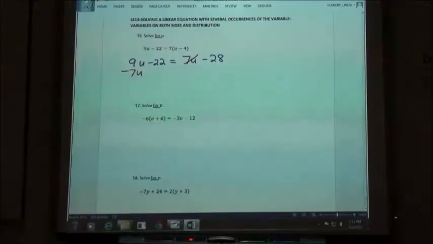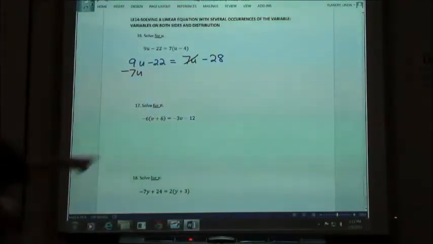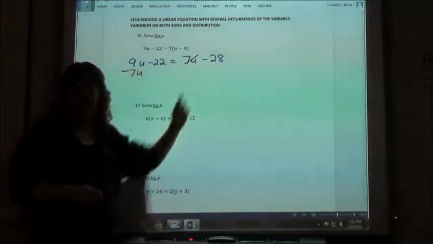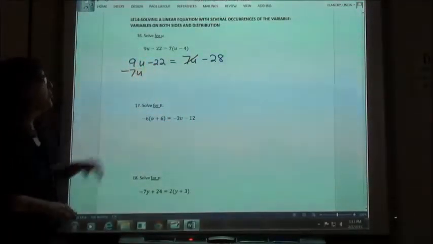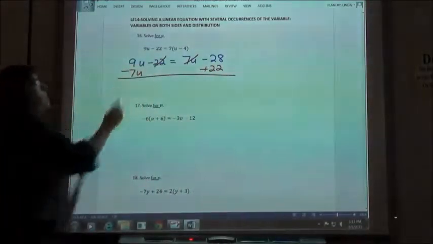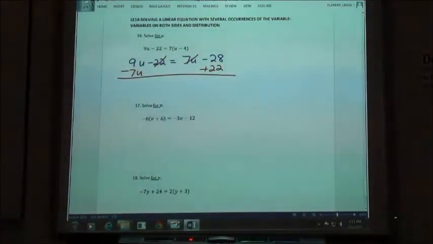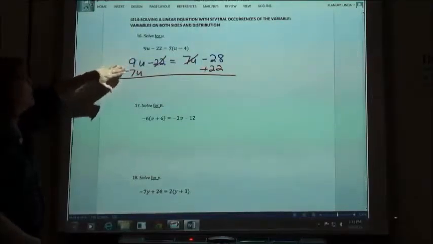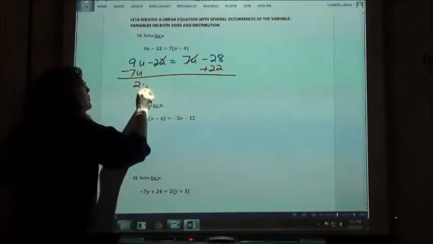Then in the same step, because I don't want to have to write a whole bunch of stuff on my paper and I'm going to save some space, I'm going to move my number to the opposite side. Since this is a minus 22, I'm going to plus my 22. So then when I did 9 minus 7, that's 2u.